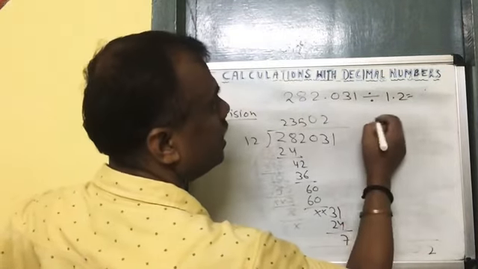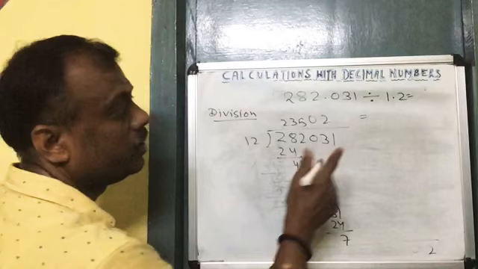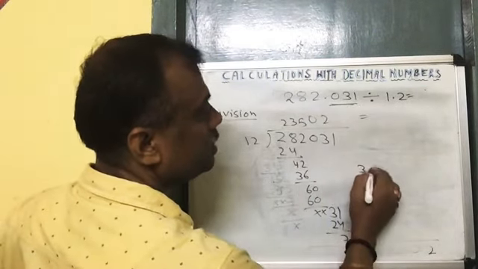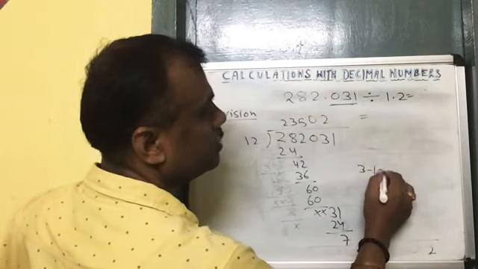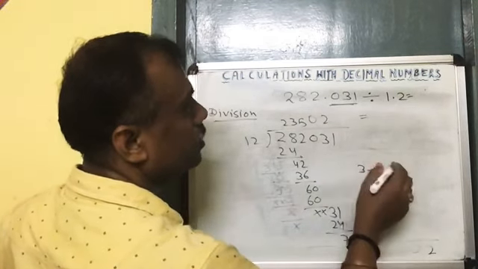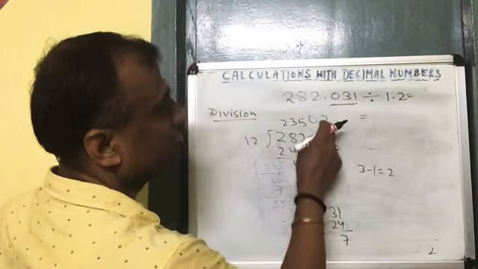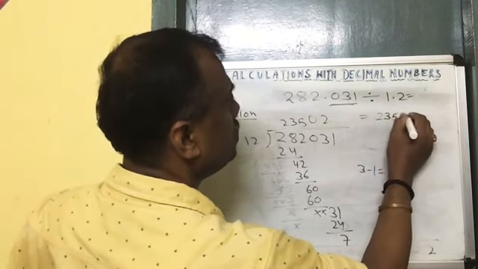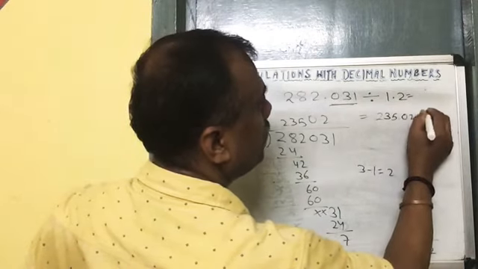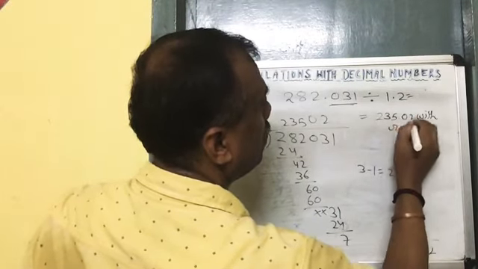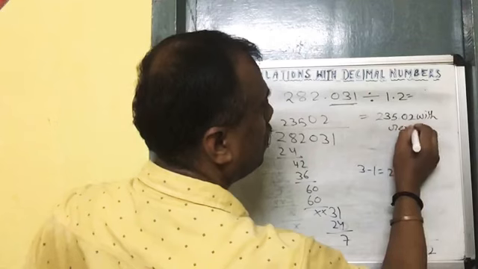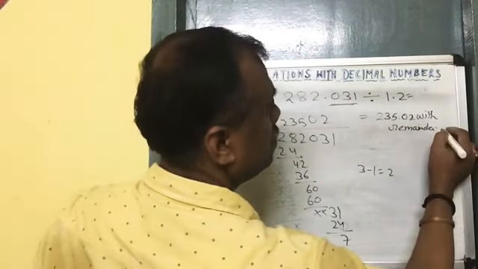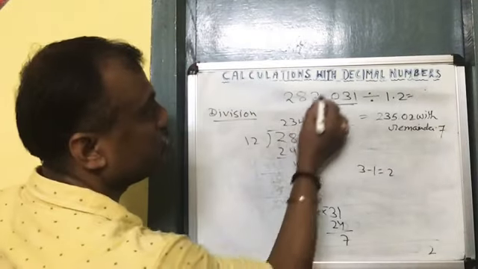In this case we will put the decimal after which place? Here how many places? 3 places. Here 1 place. 3 minus 1 is 2. So we will put the decimal after 2 places. So 235.02 with remainder 7.